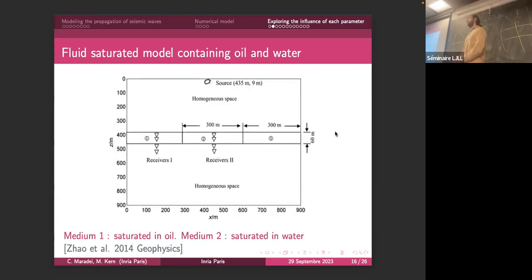In order to see if the code was working, we chose to replicate an experiment that has been done in the following reference. The experiment is kind of the same as introduced at first. We locate a source at the top of the domain, and it's going to travel through 3 different media that are saturated. On the left and the right, you have a saturation in oil, and in the middle, a saturation in water.